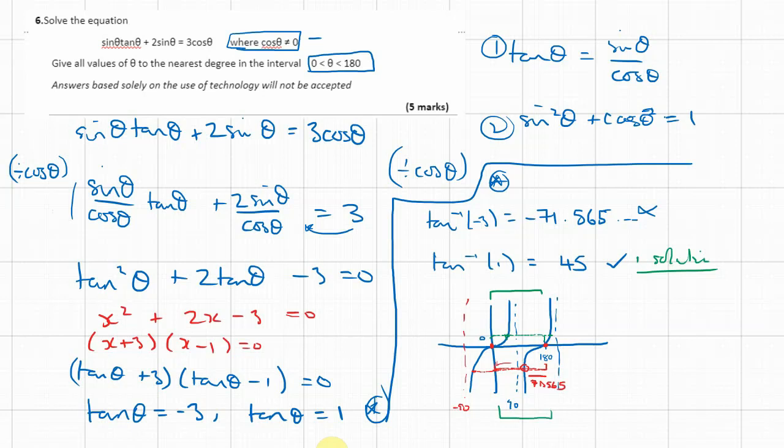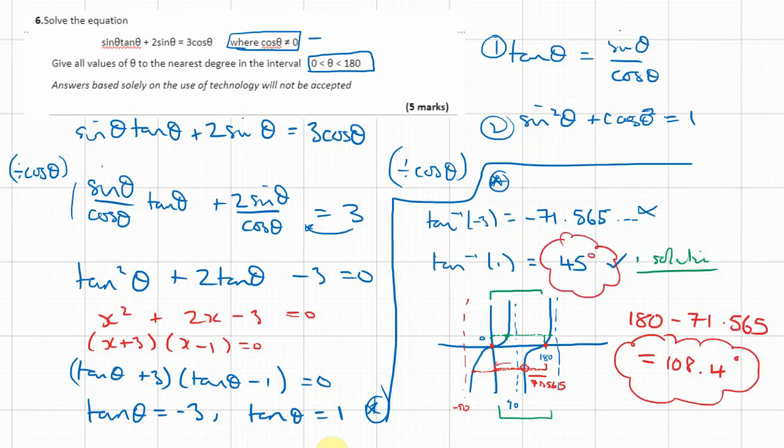So I can get a solution by doing 180 take away 71.565, and that's going to get me 108.43. I'm going to keep it as 108.4 degrees.